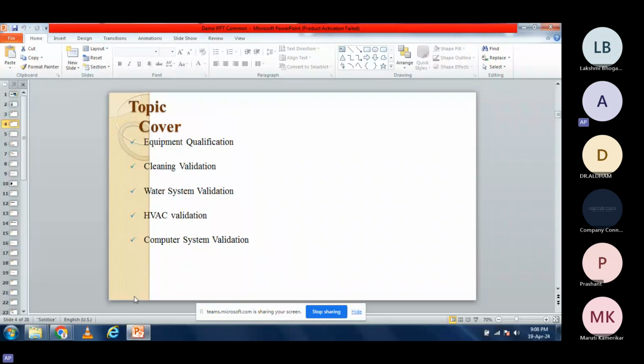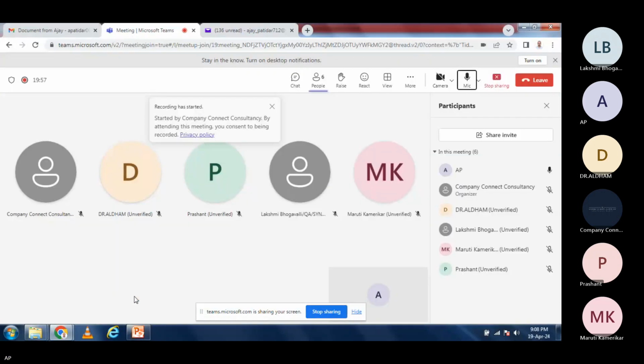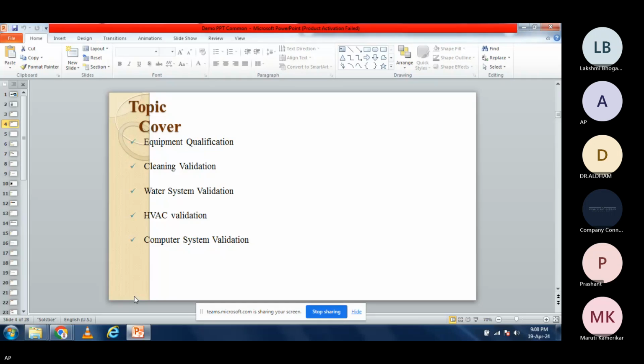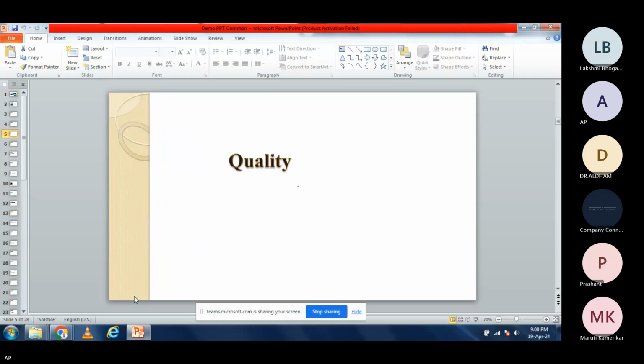Two similar and important terms are validation and qualification. Qualification covers various sectors like equipment qualification, cleaning validation, water system validation, HVAC validation, and computer system validation. While we go into the pharmaceutical validation program in detail, we will discuss each aspect in great detail. So, quality.